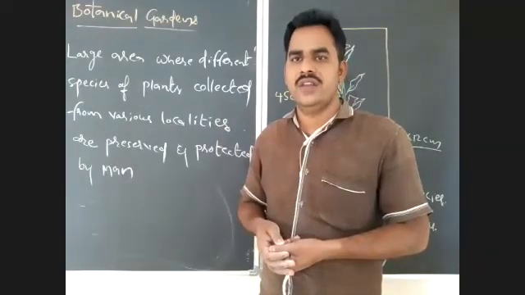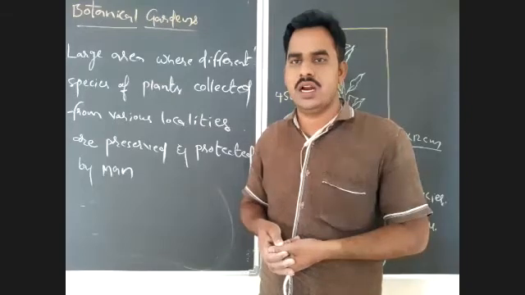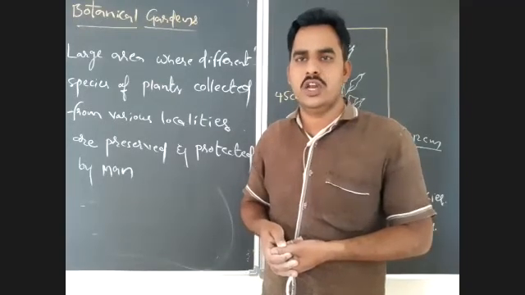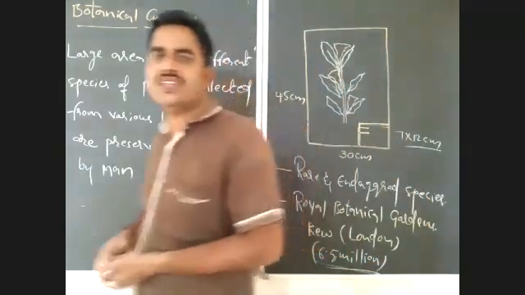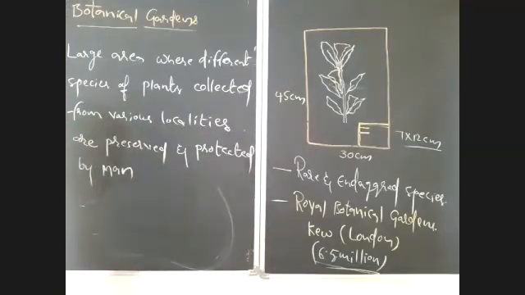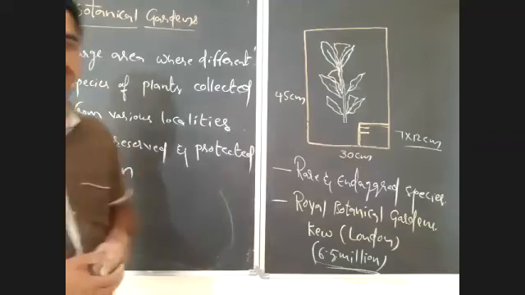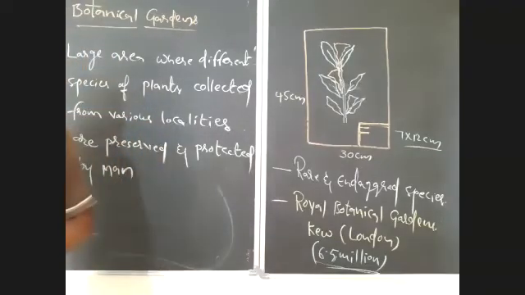But the first scientific botanical garden was established by Theophrastus. So the first botanical garden in the world was established by Theophrastus. That is important. Scientifically, the first scientifically accepted botanical garden was established by Theophrastus.